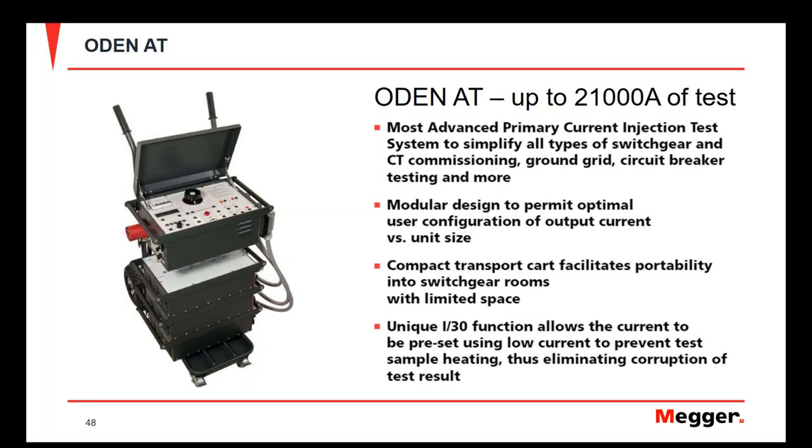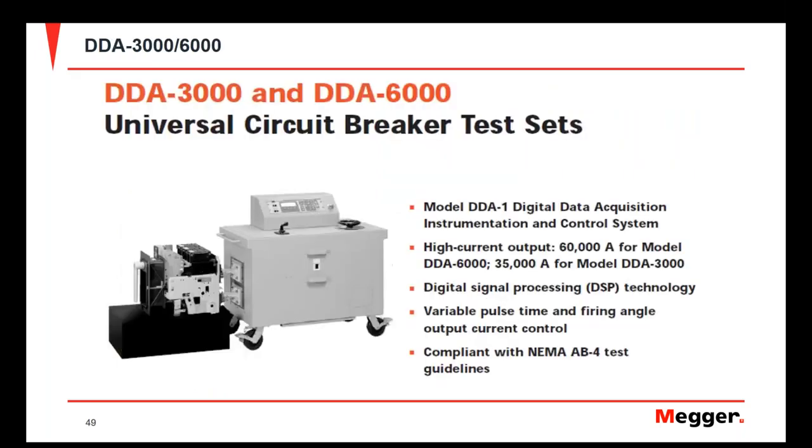If you have that feature selected before you start your tests, it'll output a lower current than your test current to help you set the current that you need for your test. This allows you to avoid heating up that test element or test device before you actually intend to do that test and record the values.